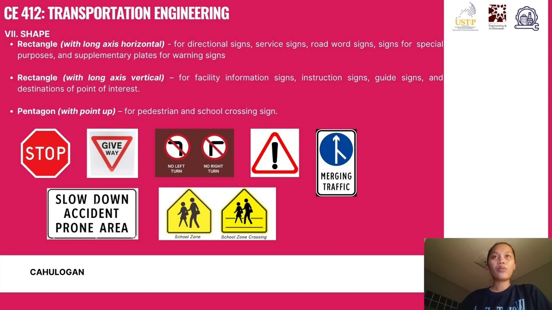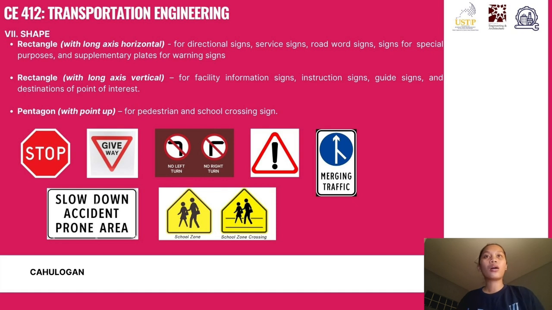And then again, we have the rectangle with long axis vertical. It is for facility information signs, instruction signs, guide signs, and also destination signs of points of interest. And lastly, we have the pentagon with point up. This is for the pedestrian and school crossing sign.